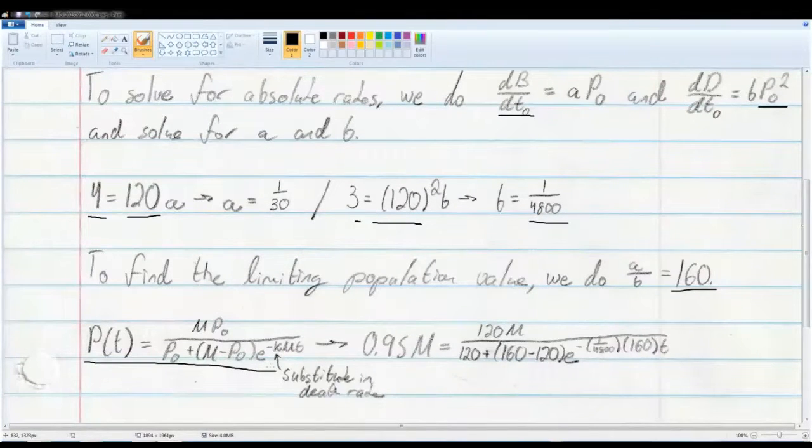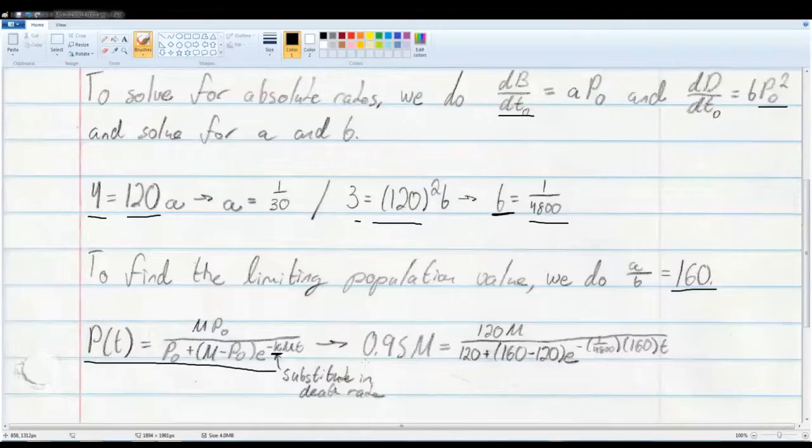So I basically just stole the formula and plugged in the numbers. And we have a K here, which Liz showed. In this case, our K is actually going to be the B, the death rate.